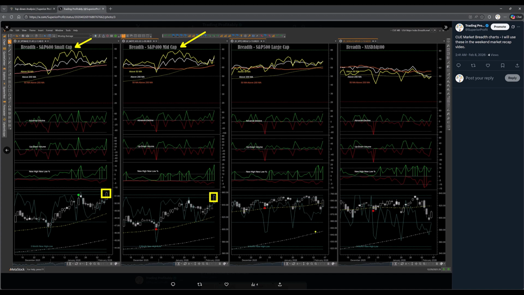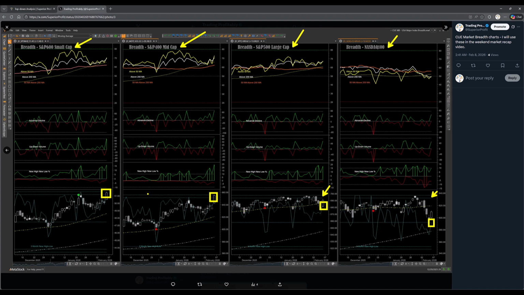You can see that because for S&P 500 large cap and NASDAQ 100, most influenced by mega caps, the 3-month new high-low is quite a distance away from being extremely overbought. So the rally was triggered by small caps and mid caps, and they are hitting extremely overbought condition. That is a reason for concern.